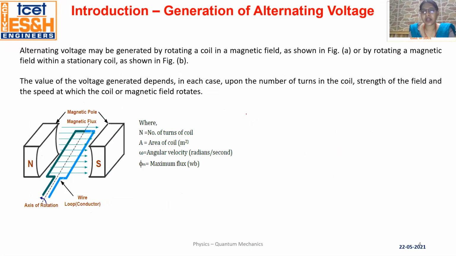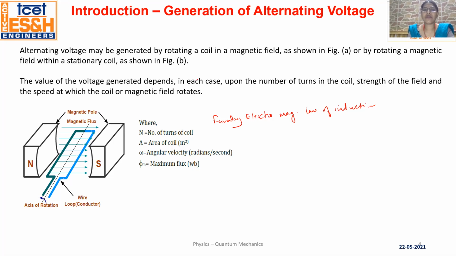As per Faraday's electromagnetic law of induction, when you rotate a coil in a stationary magnetic field, then there is a generation of voltage in it.